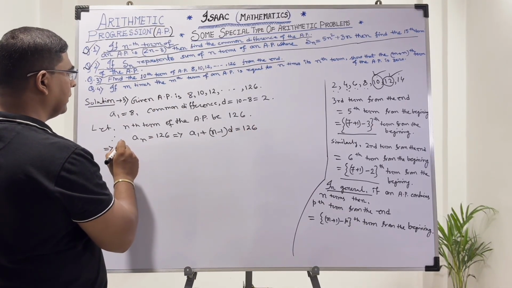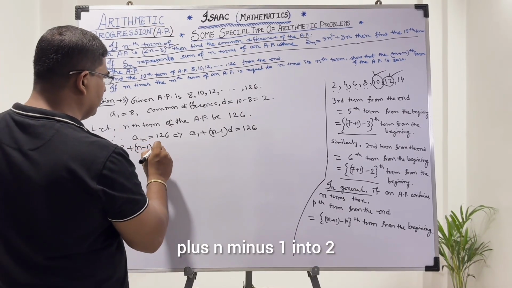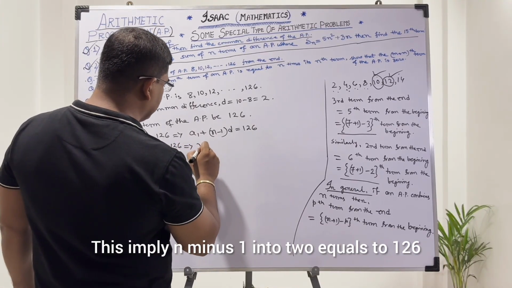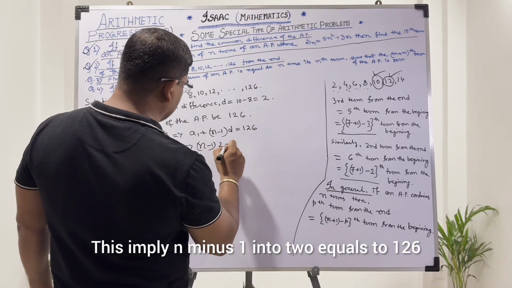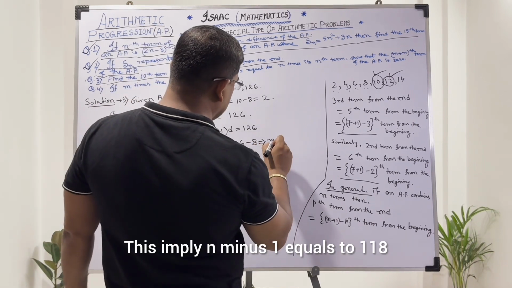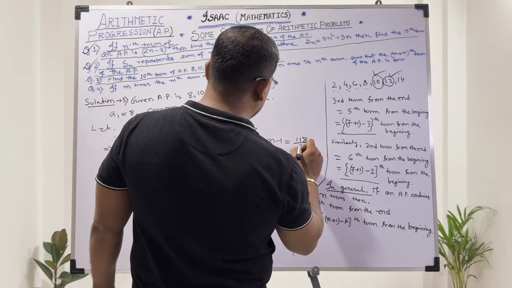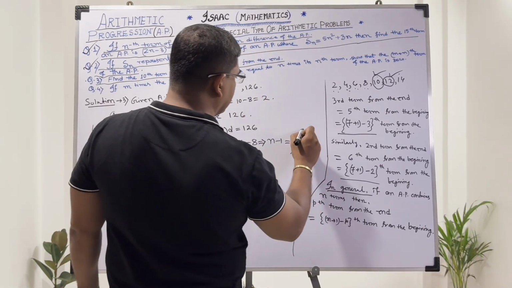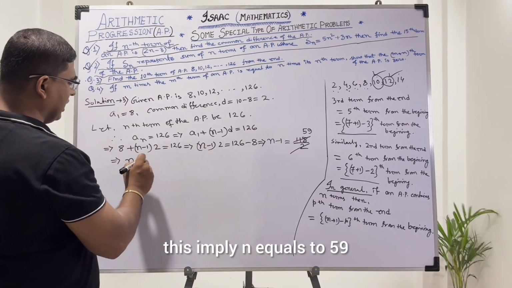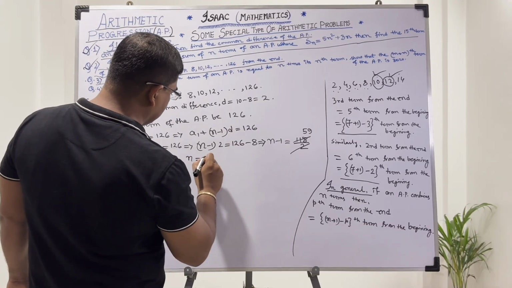This implies 8 plus n minus 1 into 2 equals to 126. This implies n minus 1 into 2 equals to 126 minus 8. This implies n minus 1 equals to 118 by 2. This implies n equals to 59 plus 1. This implies n equals to 60.